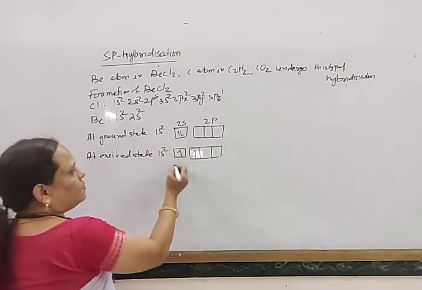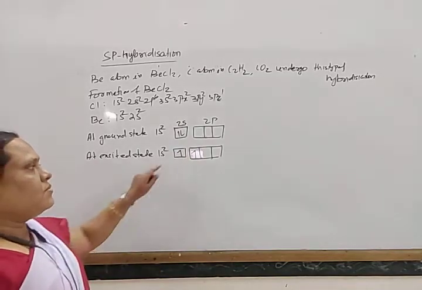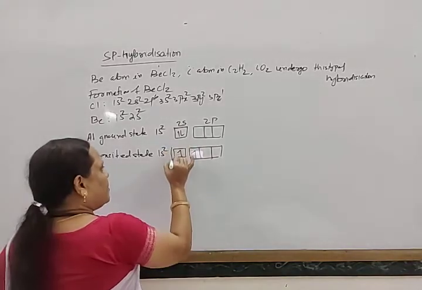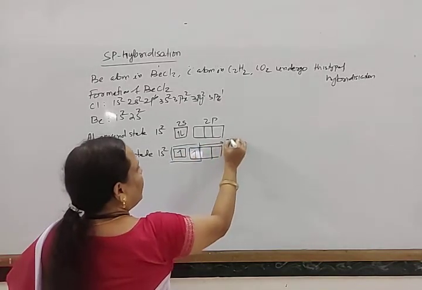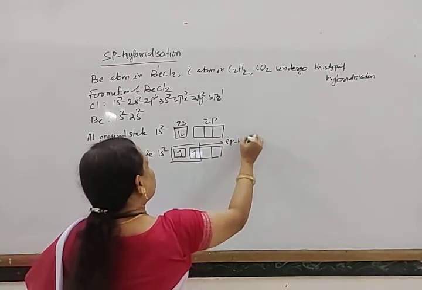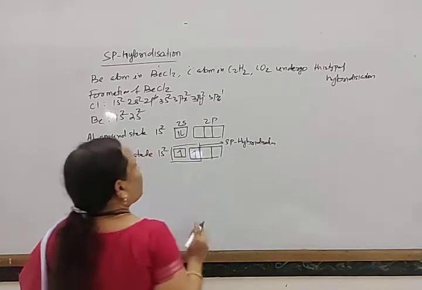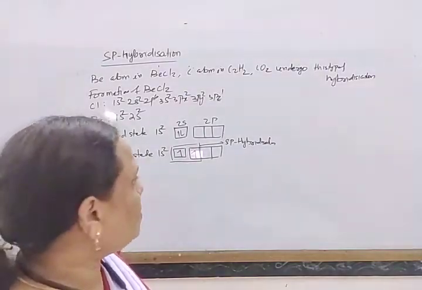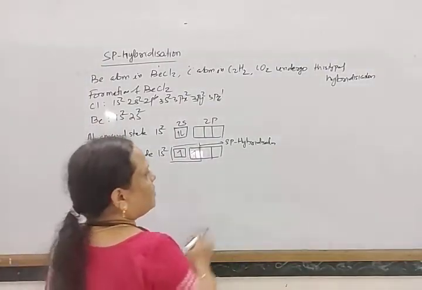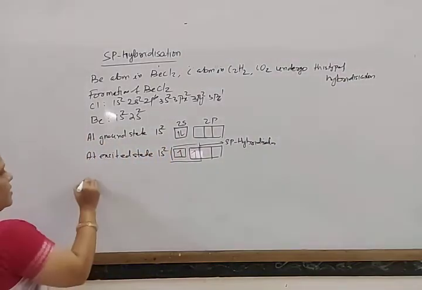Now this s orbital and p orbital intermix to form sp hybrid orbitals, which contain one electron each.